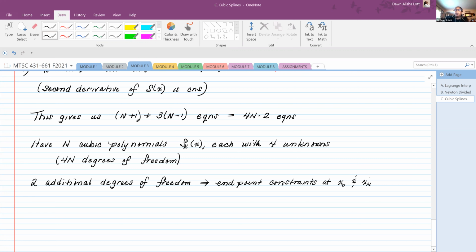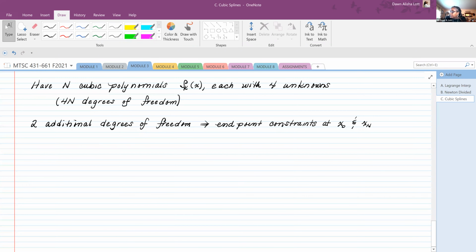Okay, so everybody understand what's going on? We only have 4n minus 2 equations, but we have 4n things to solve for. So in order to do that, we're going to have to put endpoint constraints at x naught and xn for our polynomial. Okay, so this is the construction.